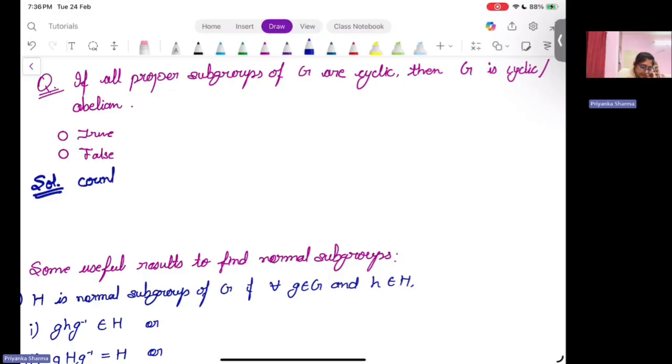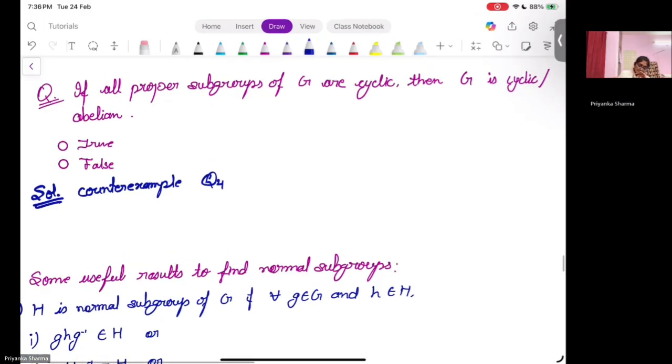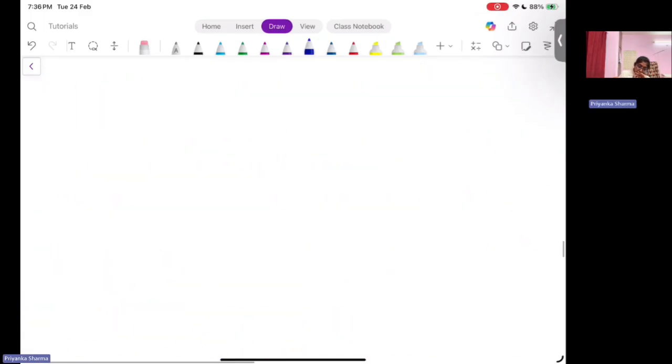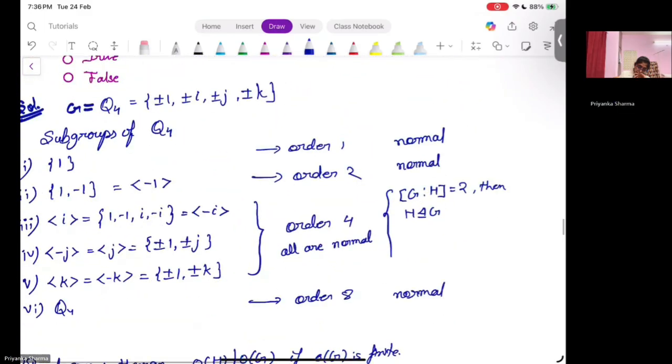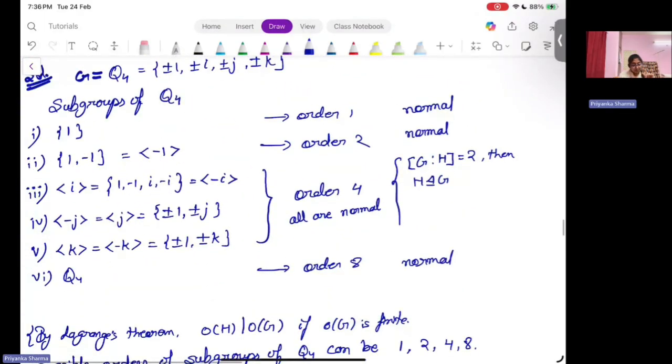So again, we can use this example Q4. Okay, we see that it has these 6 subgroups, out of which the first 5 are proper and they all are cyclic. This is generated by 1.